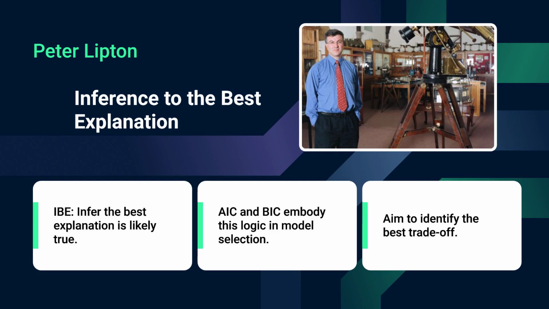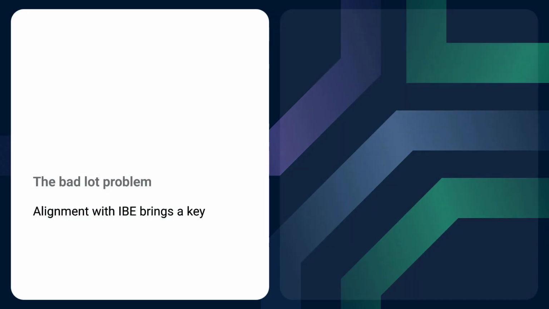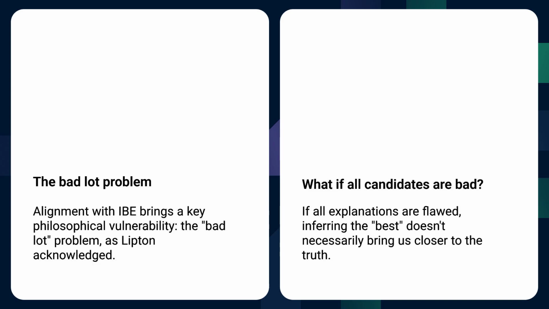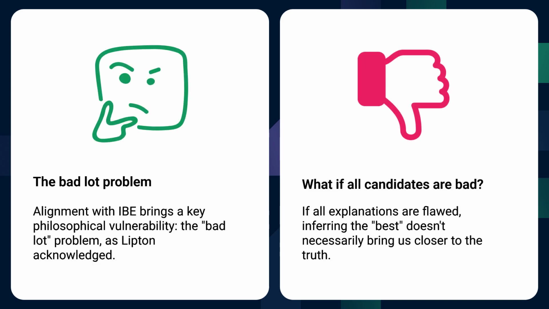In the context of model selection, AIC and BIC embody this logic. Given a set of candidate models, they aim to identify the one that provides the best trade-off between goodness of fit and complexity. However, this alignment with IBE brings with it a key philosophical vulnerability: the bad lot problem.